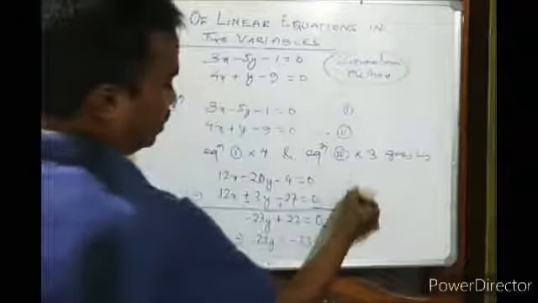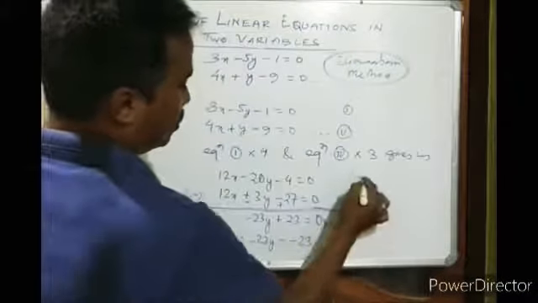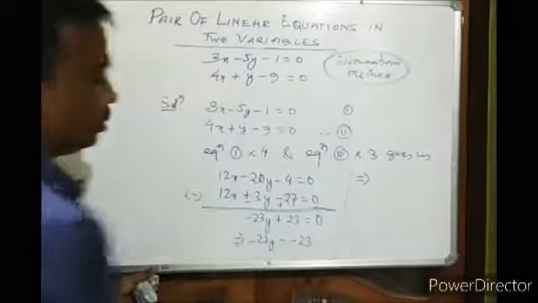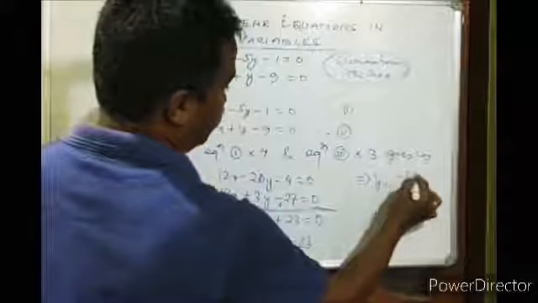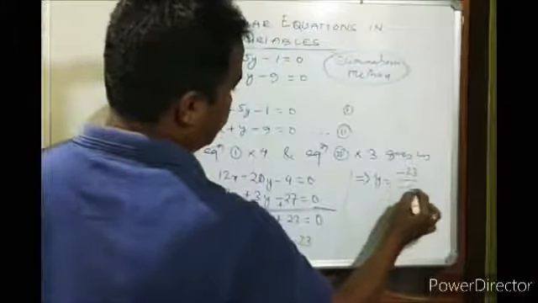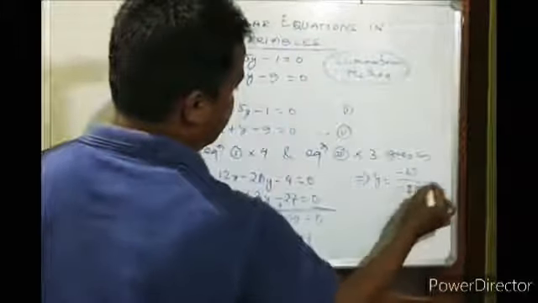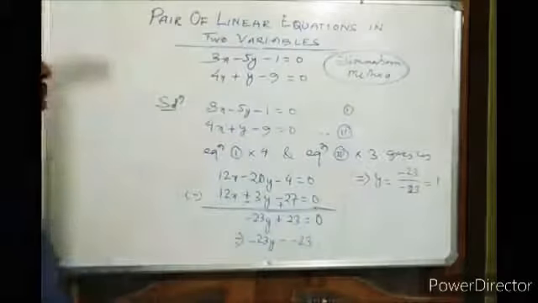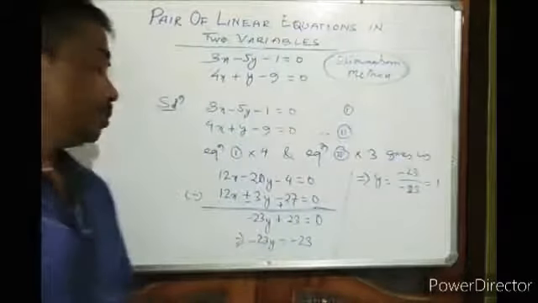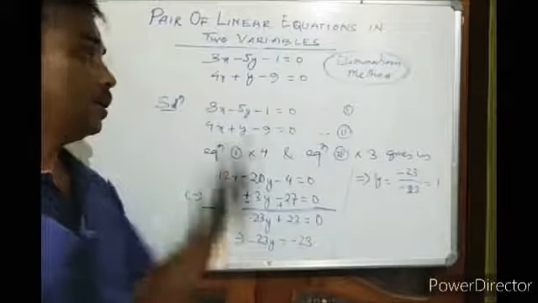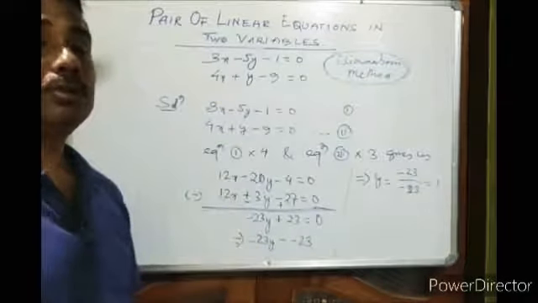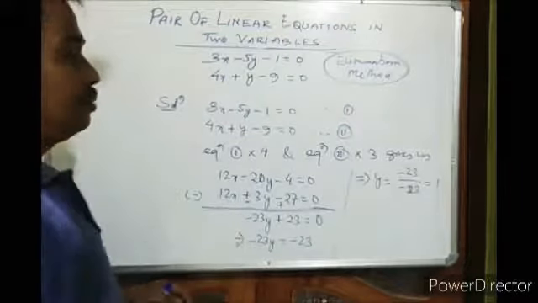So y is equal to minus 23 by minus 23, which is equal to 1. By the elimination method I got the value of y as 1; earlier, by the substitution method also, I got the value of y as 1.